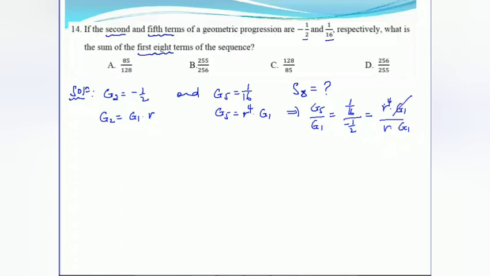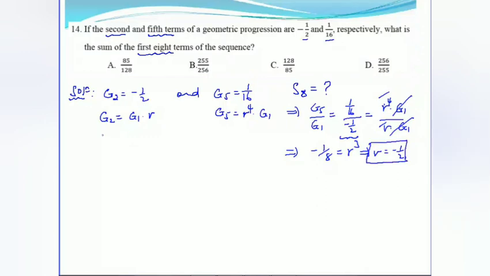Now this g1 can be cancelled out, and this number becomes minus 1 over 8, which equals r to the power of 3, because r to the power of 4 by r is r cubed. Minus 1 over 8 equals r cubed, which implies r is minus 1 over 2. So we have here the common ratio for this geometric progression.